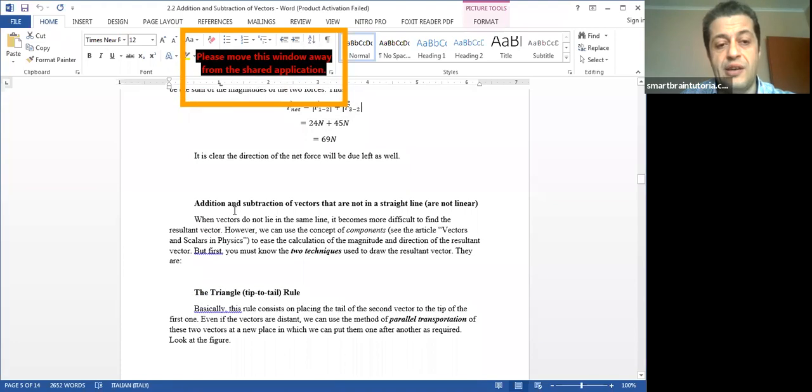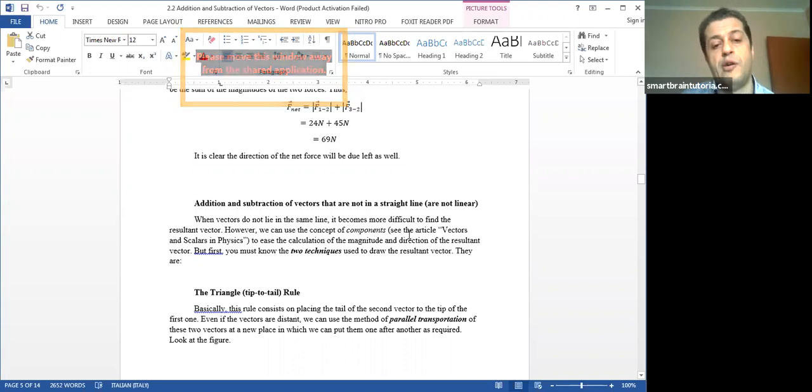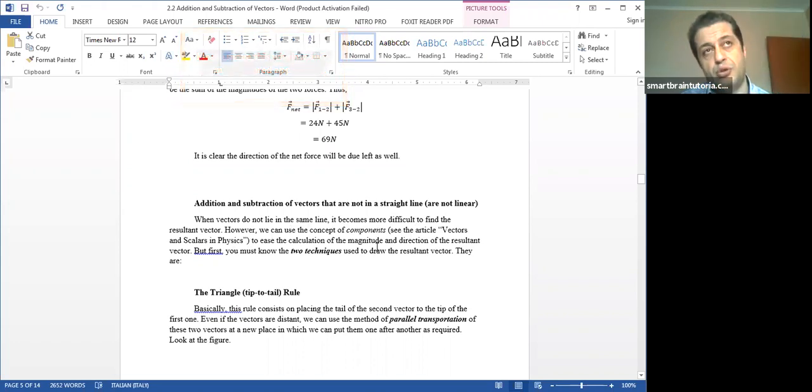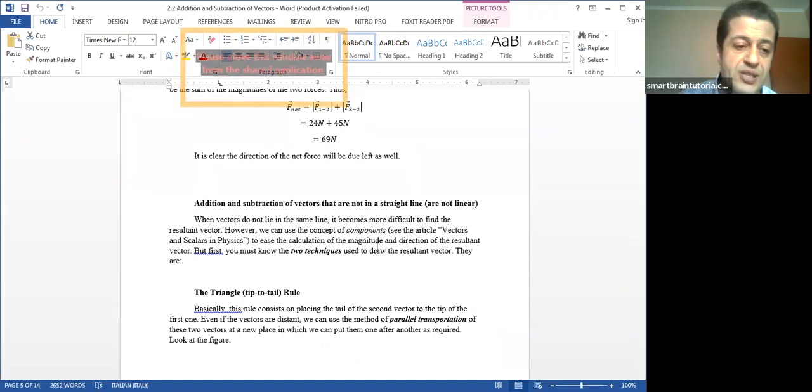Now let's see the addition and subtraction of vectors that are not in a straight line, are not linear. When vectors do not lie in the same line, it becomes more difficult to find the resultant vector. However, we can use the concept of components to split the vector into the two basic directions, the horizontal and the vertical direction.